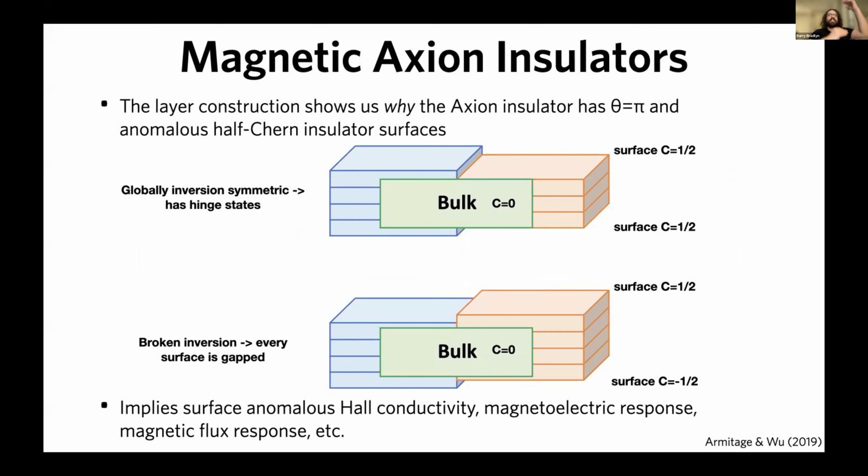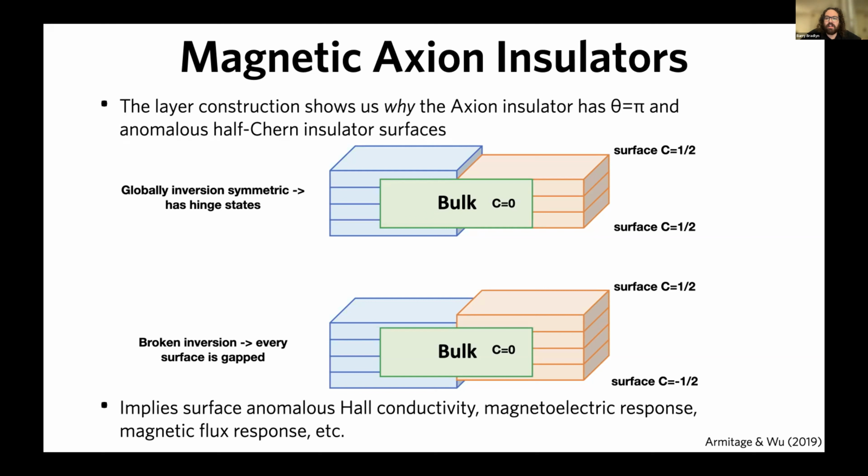Now I can imagine a slab of 3D axion insulator with global inversion symmetry. So I just have a bunch of these unit cells. In each unit cell, I have C equals plus 1, C equals minus 1, C equals plus 1, C equals minus 1. And if I look at what I have in inversion symmetric geometry, I have half a unit cell on the top and the bottom.